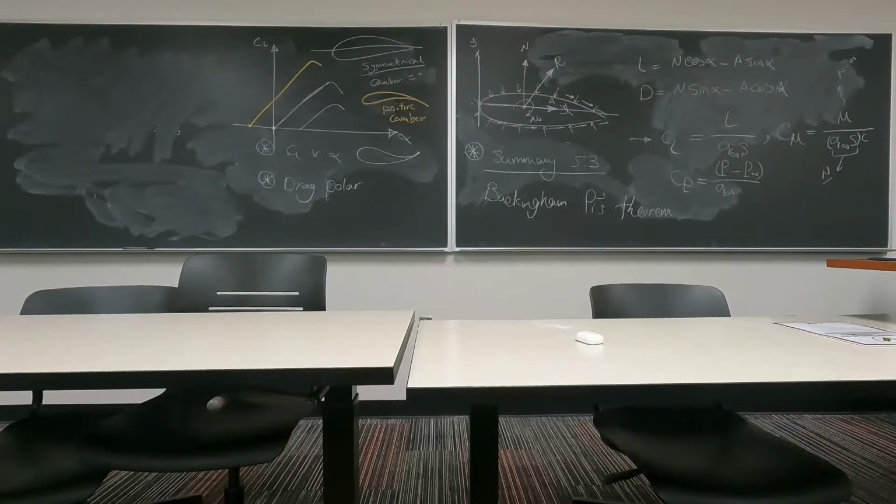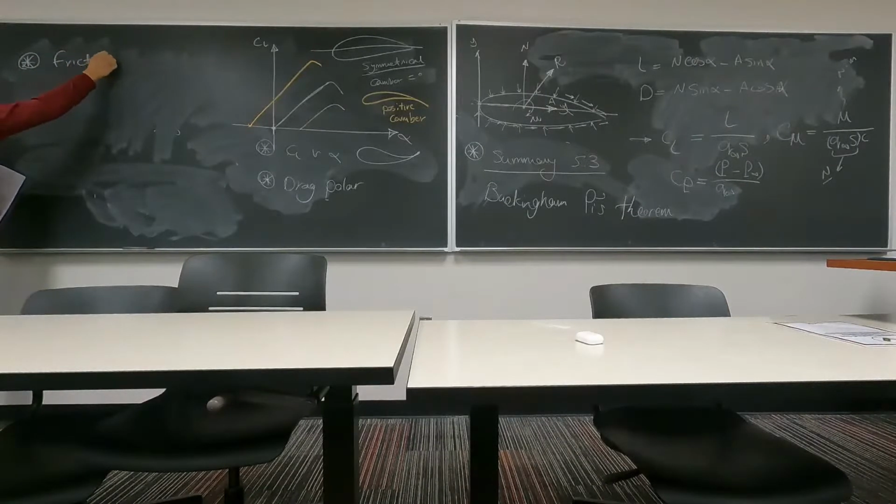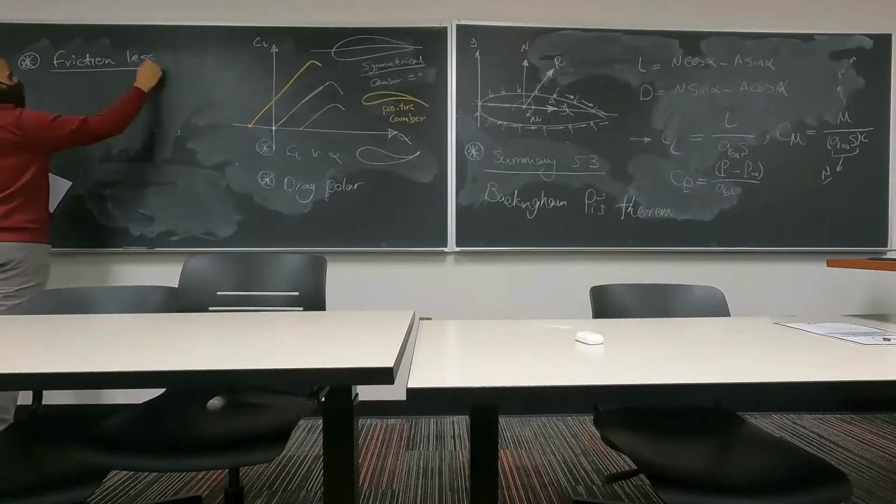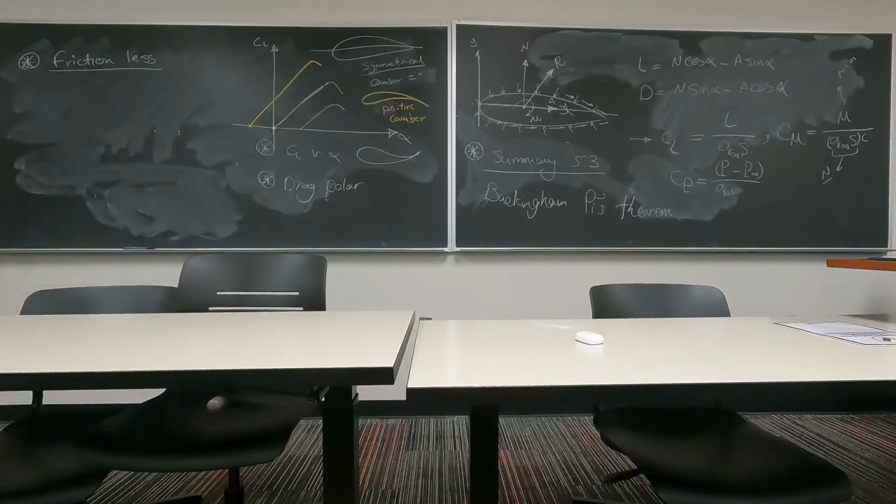Think about it. We talked about this assumption in chapter 4 in detail. Frictionless, right? And this is the same assumption we are going to make in this analysis. We are assuming the flow is frictionless or inviscid. This assumption can be true in many ranges of flow, low speed, high speed.